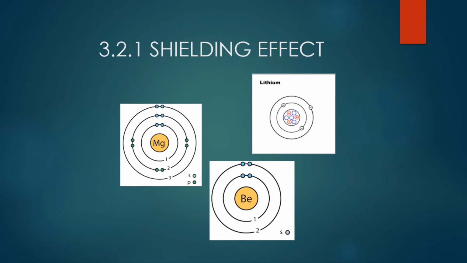So these attractive forces are reducing from lithium to magnesium because the number of inner shells or the number of electrons are increasing. The force of attraction in lithium between nucleus and the outermost electron is stronger as compared to the force of attraction between nucleus and the outermost electron in magnesium. This reduction in force of attraction between nucleus and the outermost electron is called the shielding or screening effect.